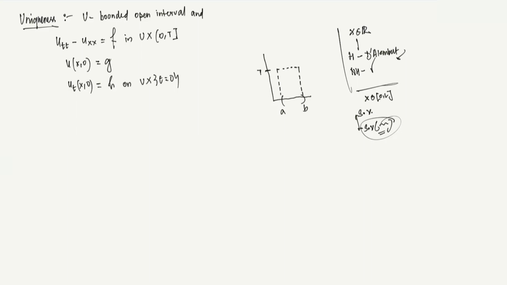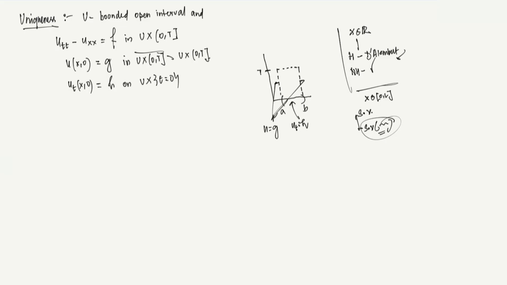In this region, u_t at the point (x, 0) is called h. And on the other parts, this one and this one, on these three boundaries, u equals g, and only on the base u_t equals h. So this is true on the closure of U cross (0, T) minus U cross (0, T).